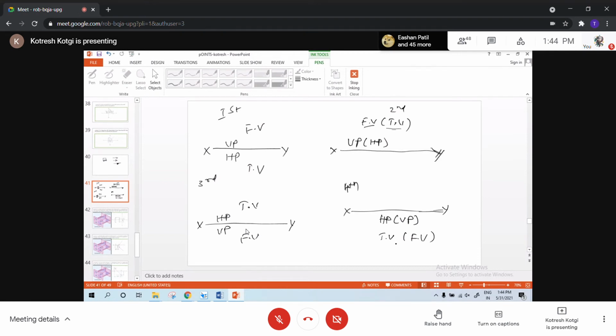Now if I say the point is on VP and above HP, which quadrant? First and second. If I say the point is on VP below HP, which quadrant?